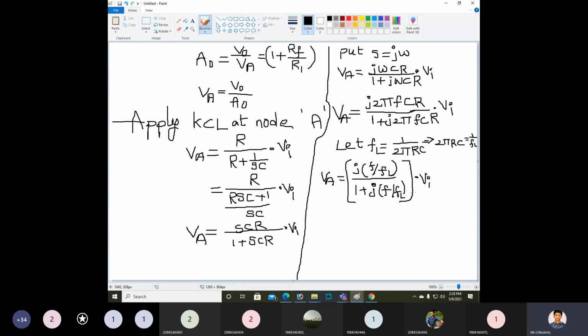We have A naught equal to V naught by VA from this equation. So we have VA equal to V naught by A naught.